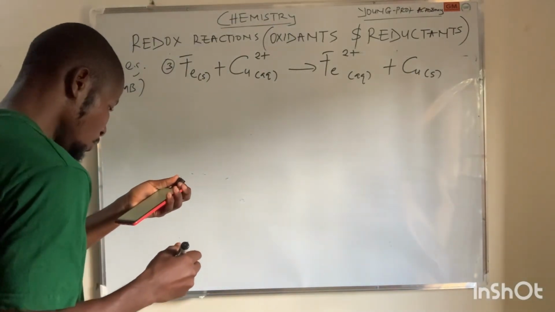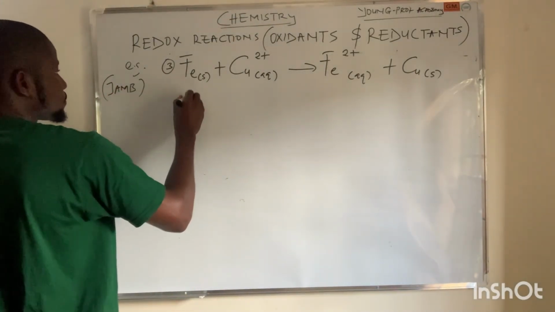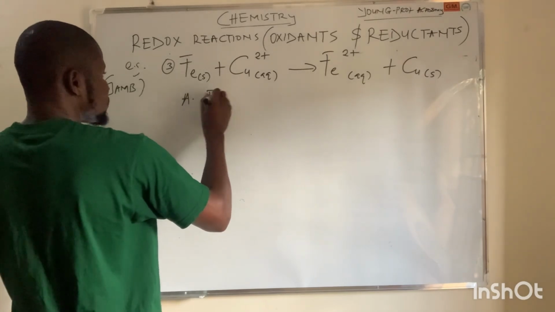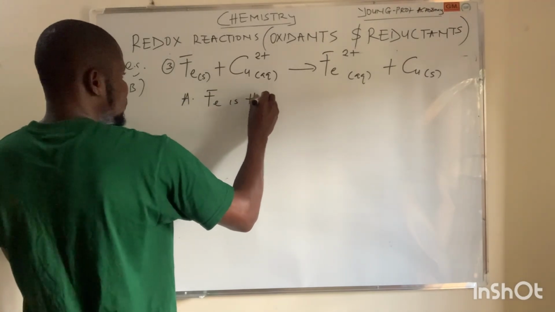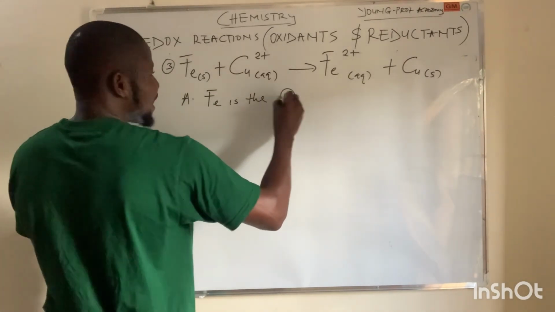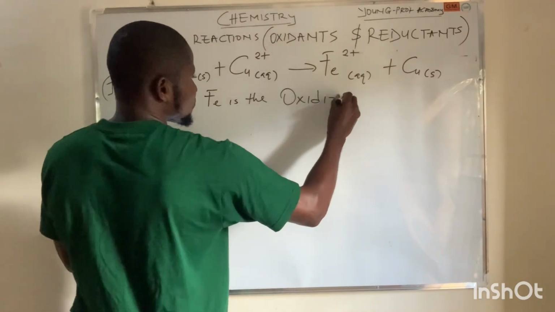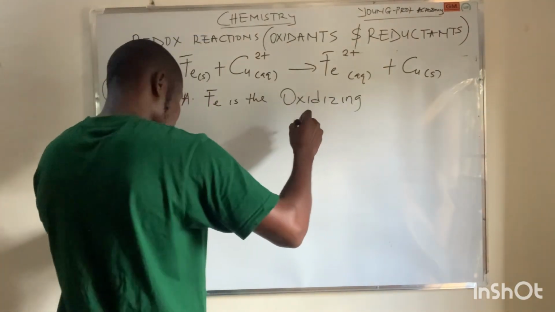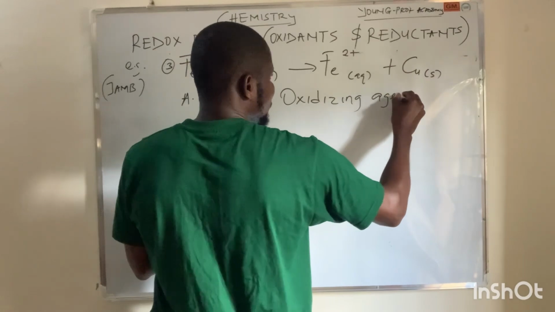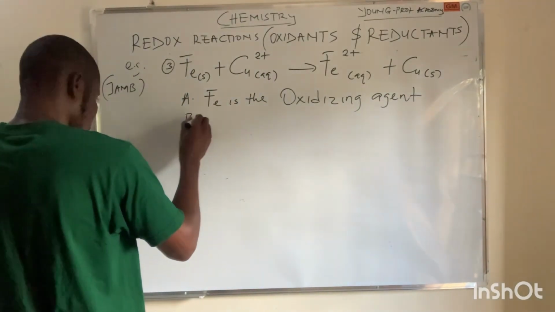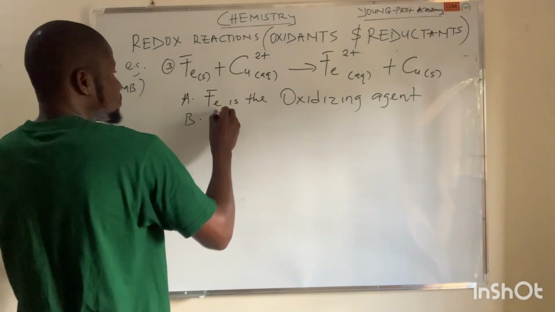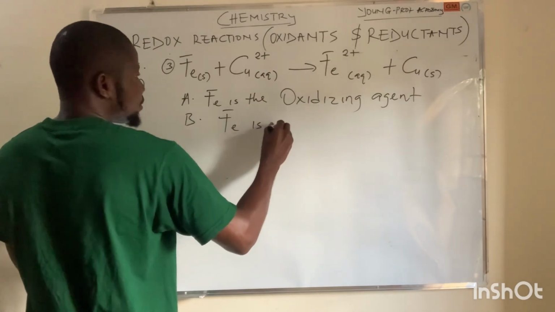Now, the question says A: iron is the oxidizing agent. B says iron is reduced.